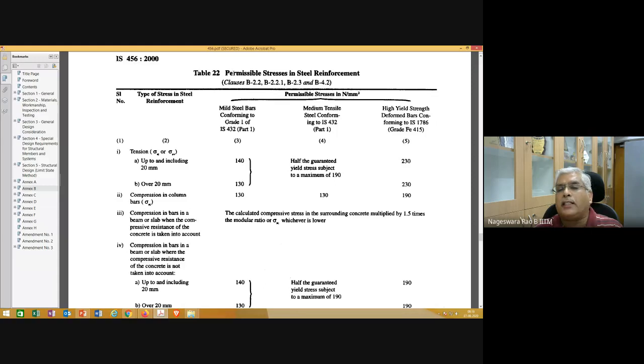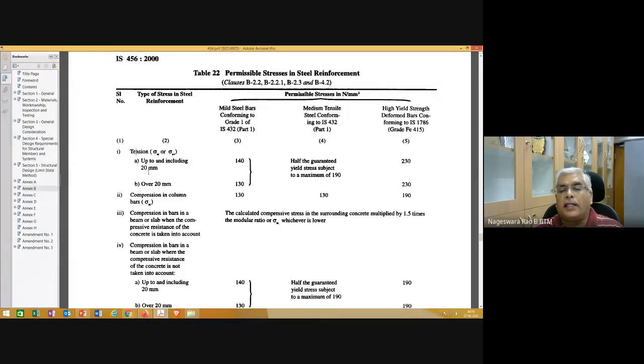First, let's read this table carefully. Permissible stresses in steel reinforcement. Type of stress in steel reinforcement, and tension. And it is here, if you see sigma ST or sigma SV. SV is related to shear, we'll see later. Sigma ST means steel is in tension.